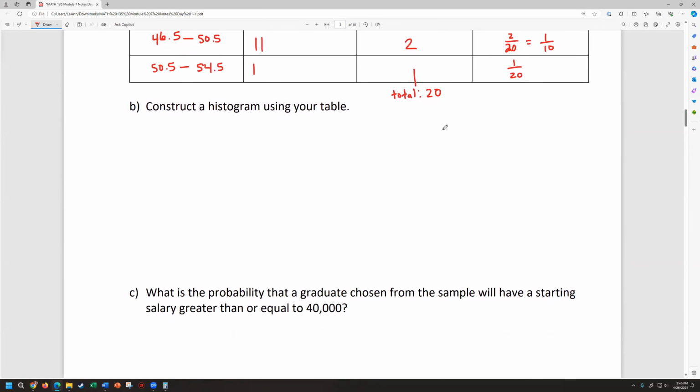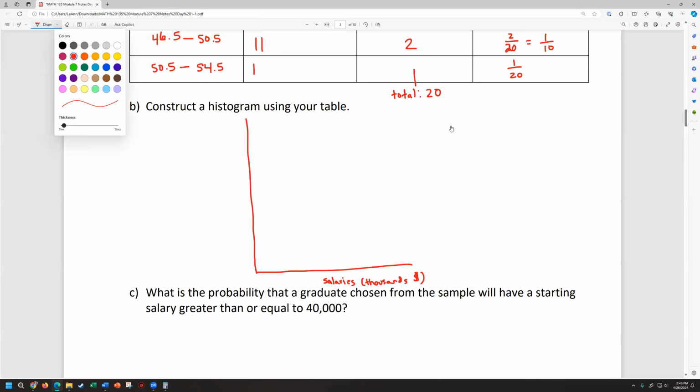Now we're going to construct the histogram using our table. So I'm going to make kind of a quadrant 1 graph because you only have your X and Y axis. Everything's positive. Our class intervals were their salaries, and those were listed in thousands of dollars. Just abbreviate that.